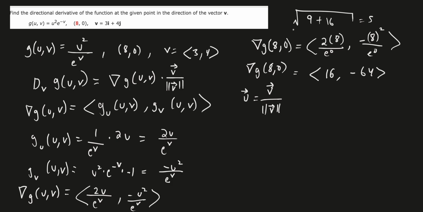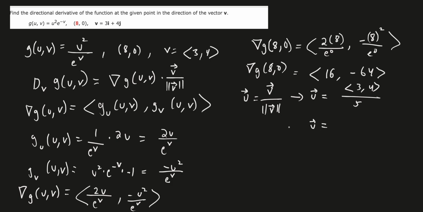So u is (3, 4) over 5, which is three-fifths, comma, four-fifths.